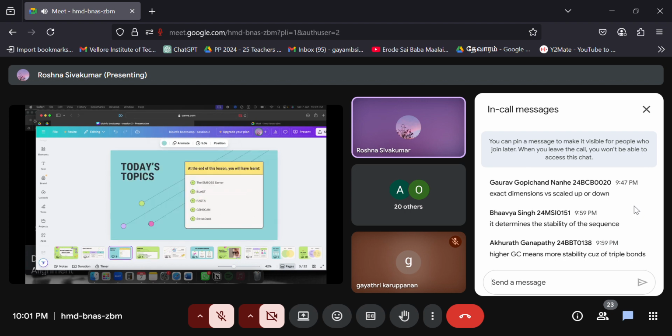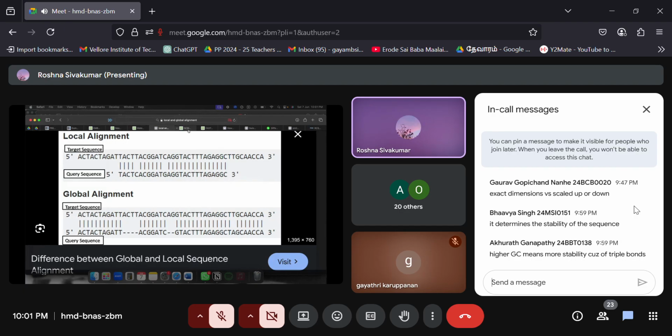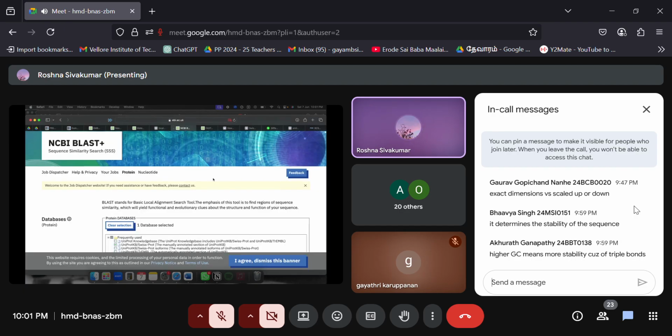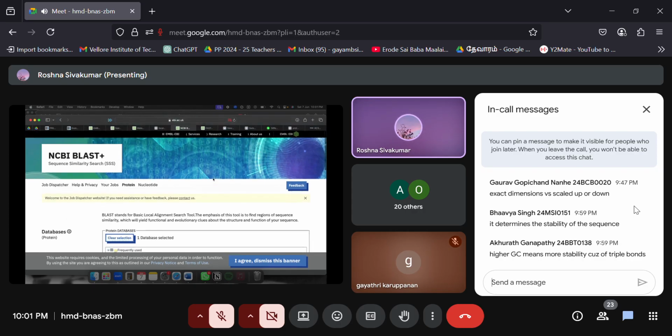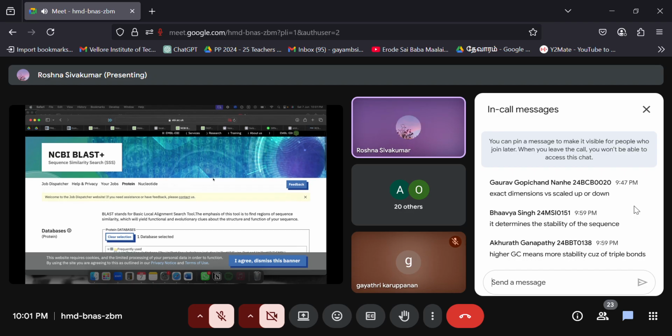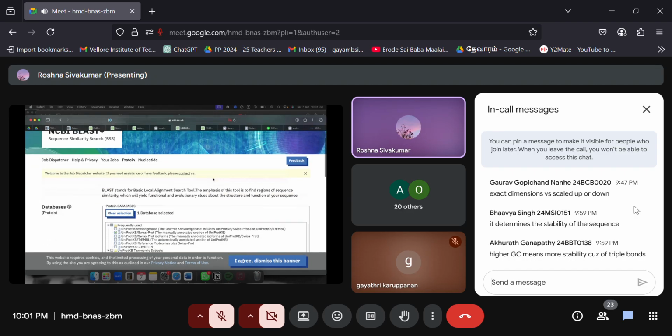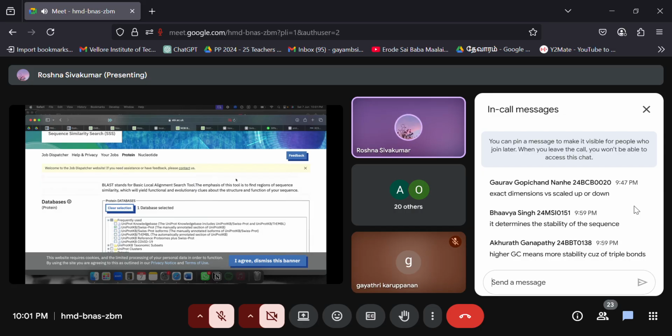Okay, now we'll be moving on to the next one, that is BLAST. BLAST is basic local alignment search tool. I think Shreyaka has given you guys a basic introduction. With BLAST, you have your DNA sequence and you want to compare it to the whole database, to find what sequences are similar to the one you have.